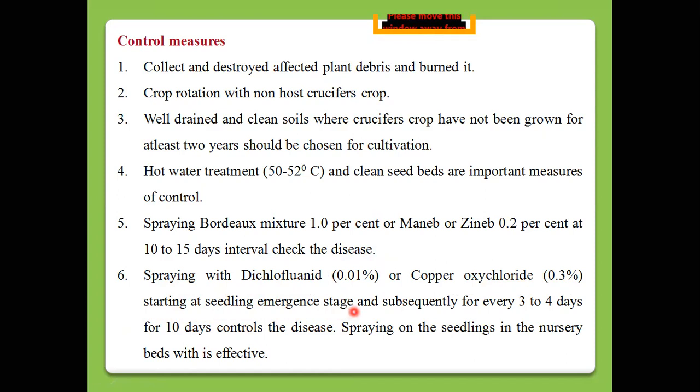Subsequently, you can apply 3 to 4 sprays using any fungicide, such as copper oxychloride, mancozeb or zineb, at an interval of 10 days, because this disease is mainly inhibited by applying such fungicides.